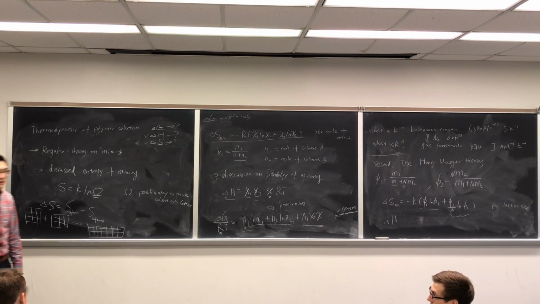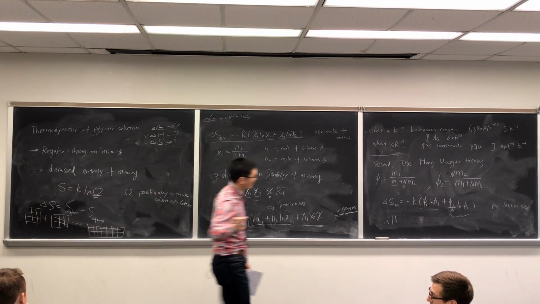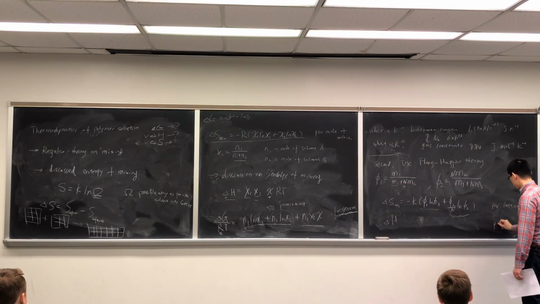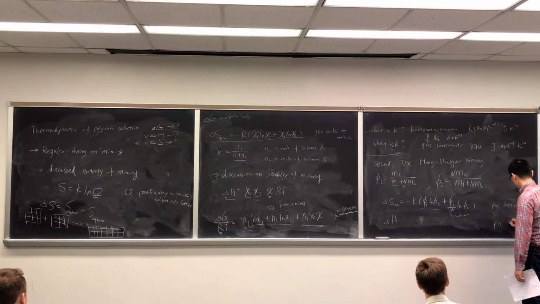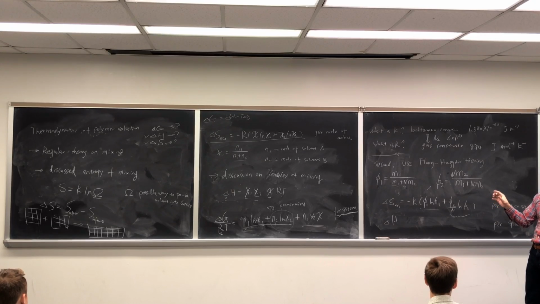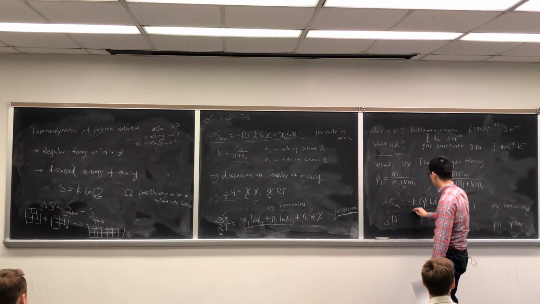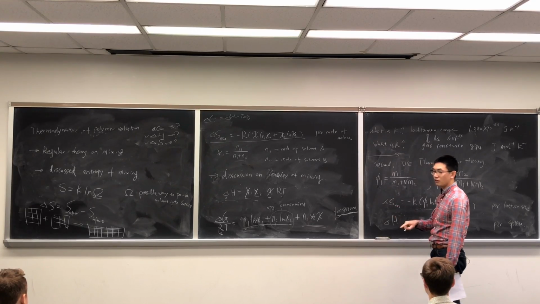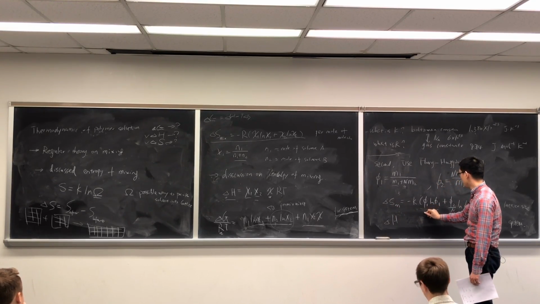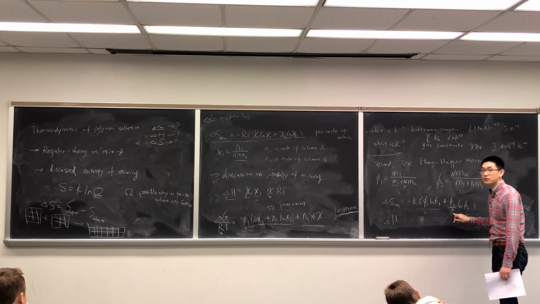There is the per-site or lattice-site form, and there is also the molar form. Molar means we need to multiply by Na, and the difference is that k will be changed to R, and this will be N1 and this will be N2.